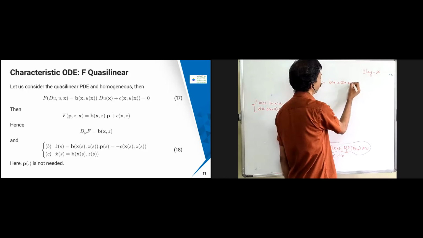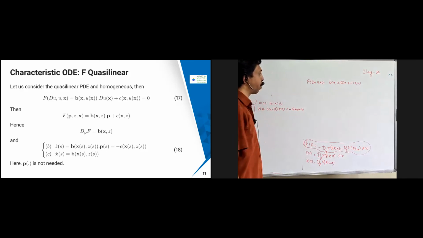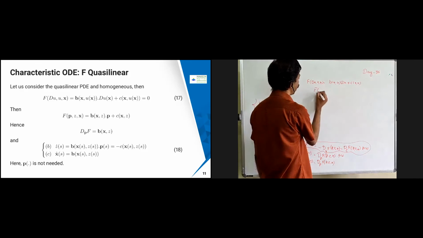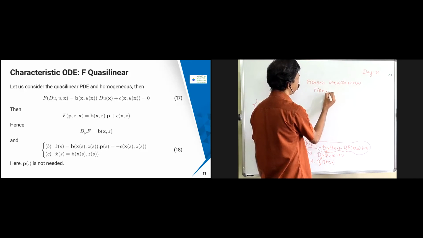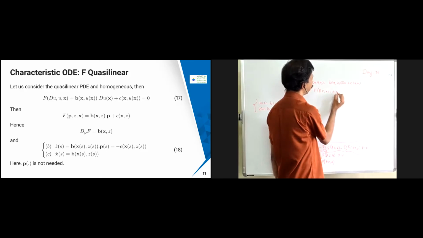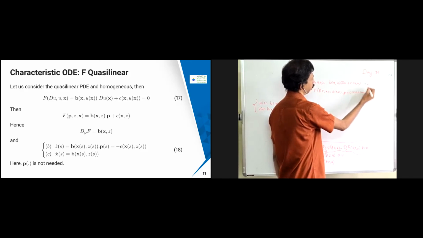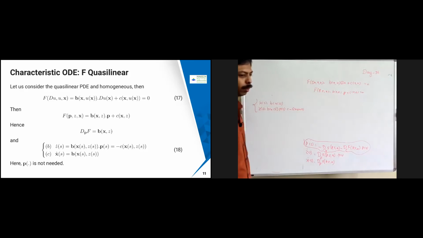plus C of x comma u. Once again, this can be written as F of p, z, x equal to P of x comma z dot p plus C of x comma z equal to 0.